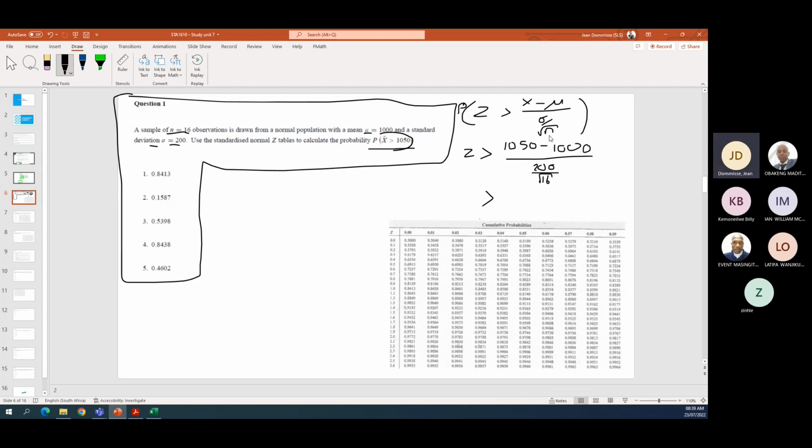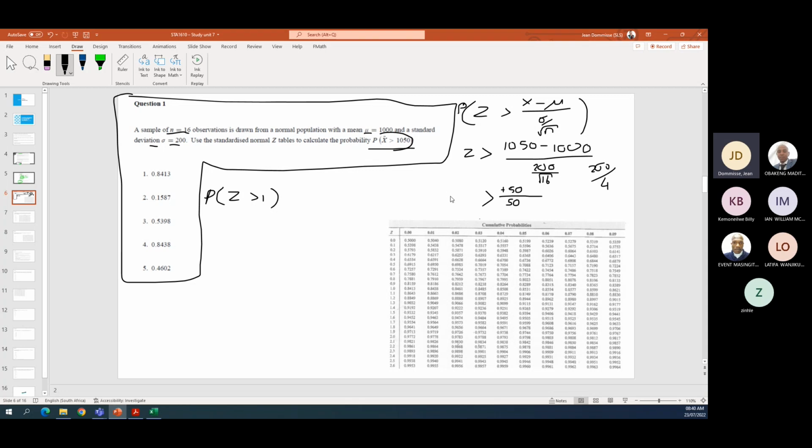Okay, so I'm just going to simplify a bit, and so at the top we have a positive 50. Square root of 16 is 4, so 200 divided by 4 is 50. So basically, we need to work out the probability that Z is bigger than 1.